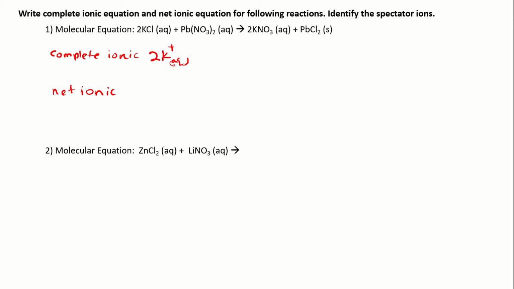So you have to show this AQ in brackets for all ionic species. You have two chlorides, then you have lead, and from the subscript you see, you know lead is 2 plus. You have nitrate, and you know there are two of them.